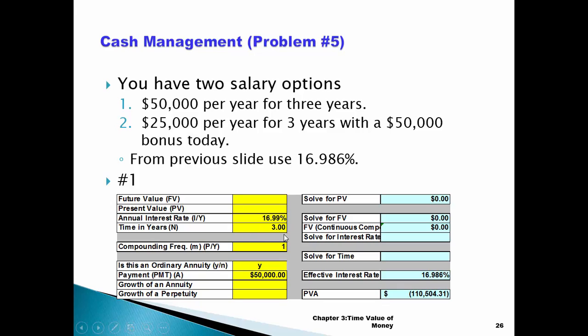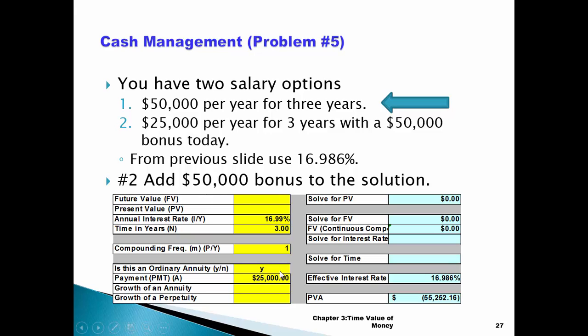So we put that, 16.986, as the interest for 3 years, and you can get $50,000 a year for 3 years. So the value of that is $110,504. So that is salary option number 1. Essentially, that was going to earn you, in today's money, $110,000 odd.